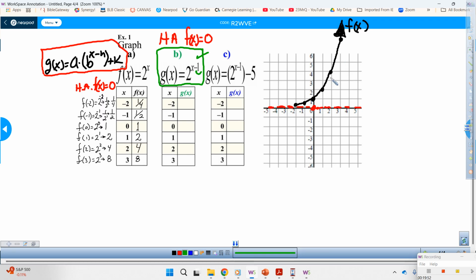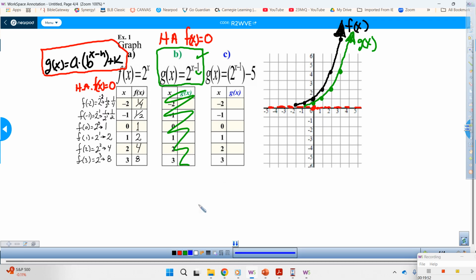So all these points, I'm going to start with this one, 1 to the right, this one, 1 to the right, and so on for each point. And we just did our first transformation. We're going to label that g of x. And we don't even need to fill in our table.